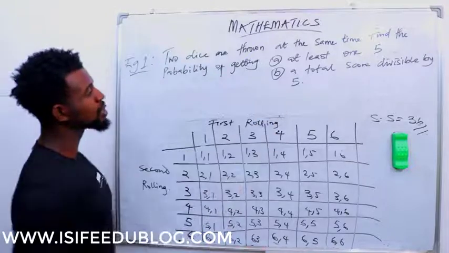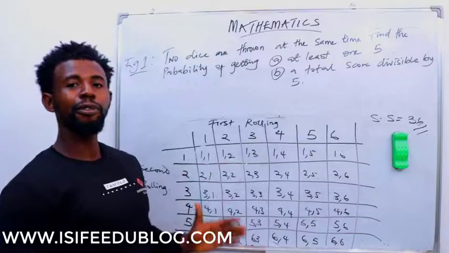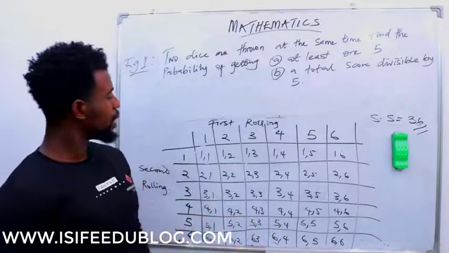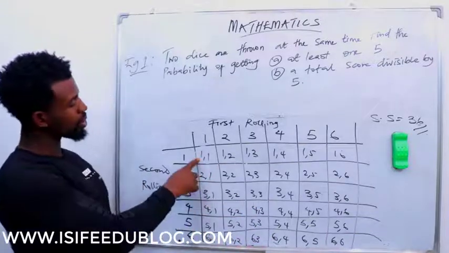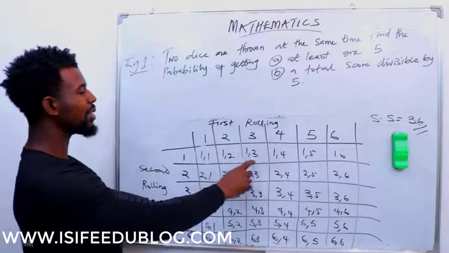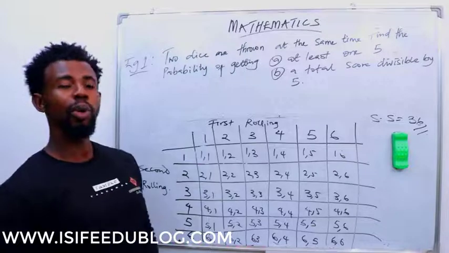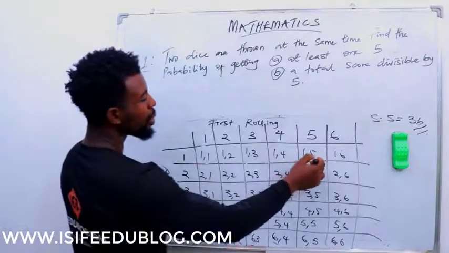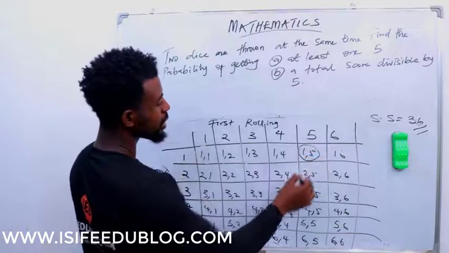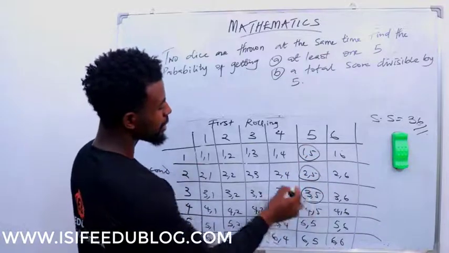At least one 5. So we'll start looking for the faces whereby 5 occurred once or twice. Remember here, the occurrences on our faces is 1 and 1. Here we have 1 and 2. Here we have 1 and 3. Here we have 1 and 4, and so on. So we start looking for where we can find 5. Here we have 1 and 5. So this is 1. Here we have 2 and 5. This is another place. Here we have 3 and 5. This is another place.